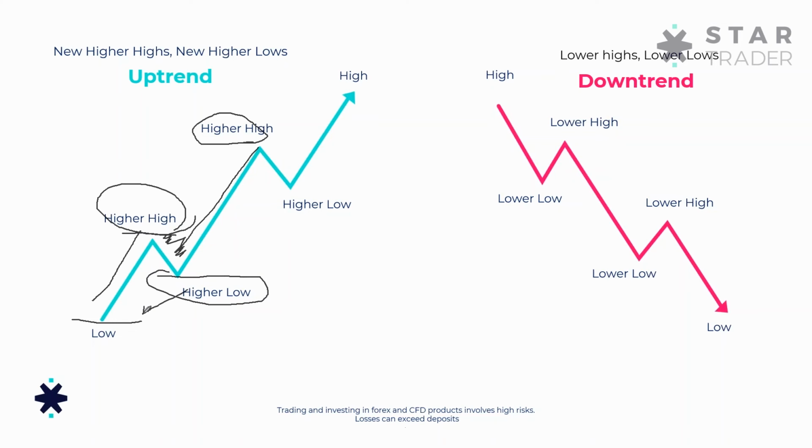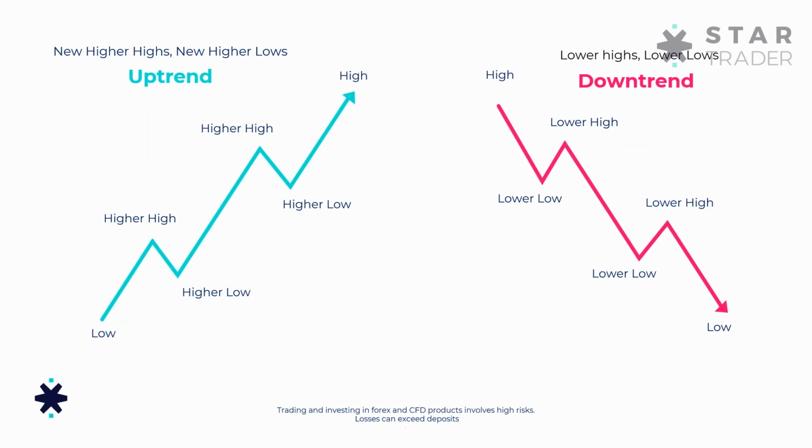It's a higher low than this one, and then followed by this one, which is higher than this. So whenever we see any trend line that shows higher highs and higher lows, that means that trend line is going up. We had a correction here, the slight down movement here.